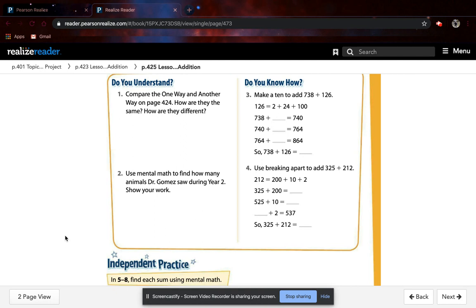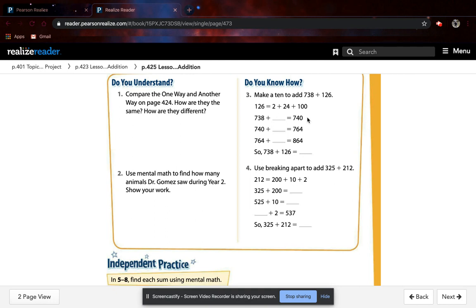So I'm going to move on to 3 and 4 and then give the answers for 5 through 8 at the bottom. So for 3, it says make a 10 to add 738 plus 126. 126 equals 2 plus 24 plus 100. So they did it backwards compared to what we've seen before. Usually the 100 would go first and then plus the 24 and then plus the 2.